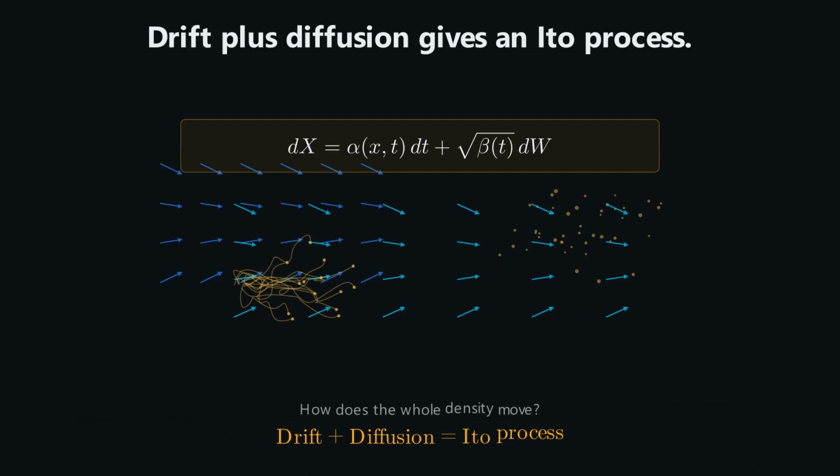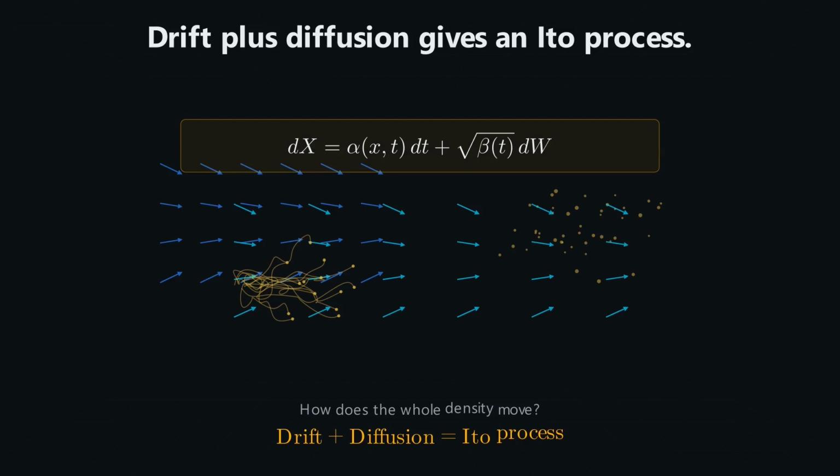The particles are carried by the flow, but also shaken by randomness. Together, they form an Ito process: dx equals alpha of x and t times dt plus square root beta of t times dW. This is a compact way to say part deterministic motion, part random diffusion, all happening continuously in time. It is like a river with a little statistical caffeine added.